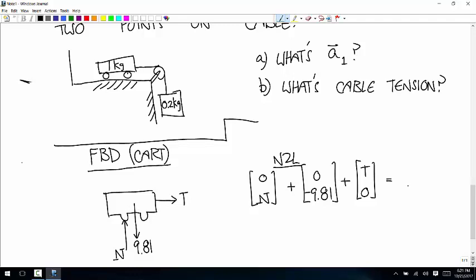The mass is 1, and we've done this before. What do we know about the acceleration? All we have to figure out is is it moving in the x direction, along the x-axis, or along the y-axis? This is moving along the x-axis, so I'm just going to write this as [A, 0].